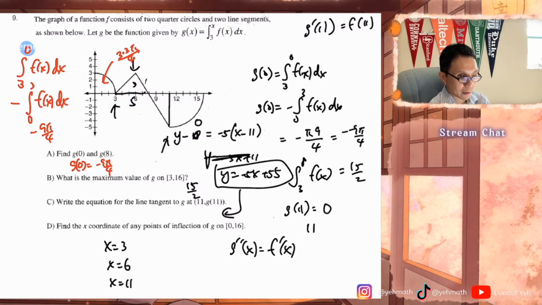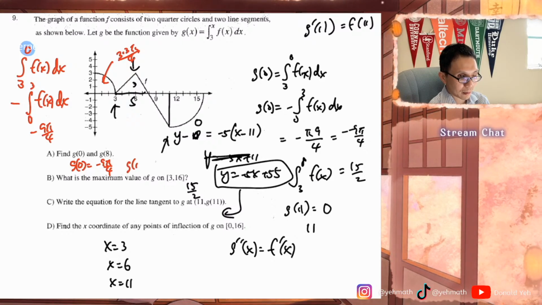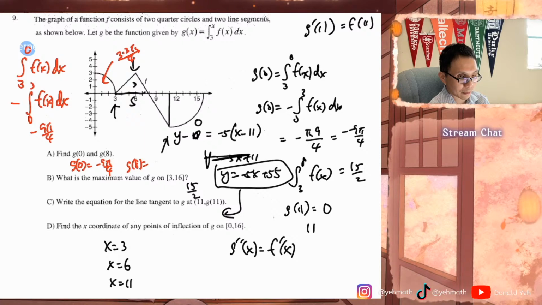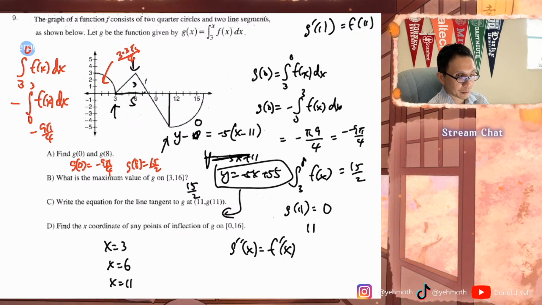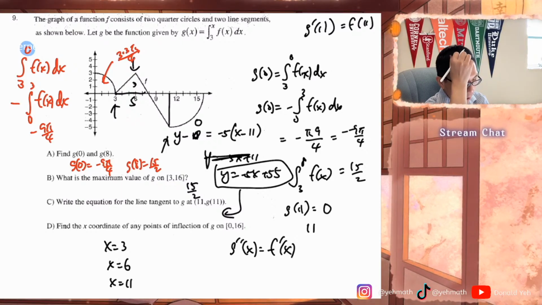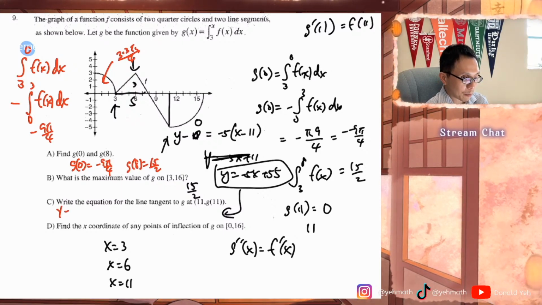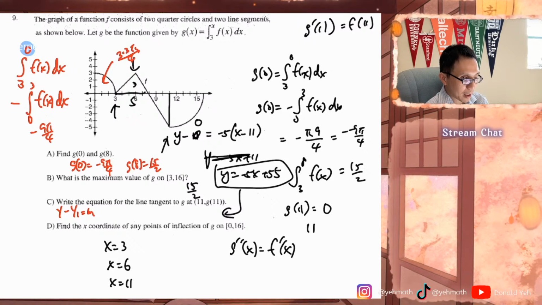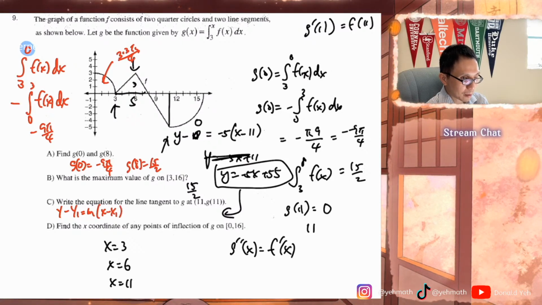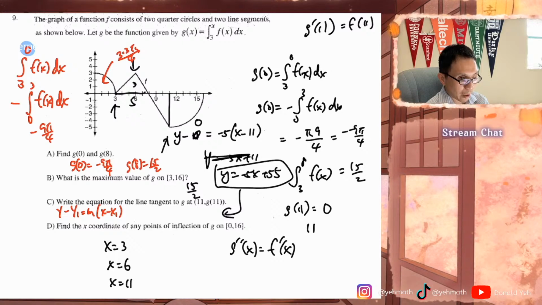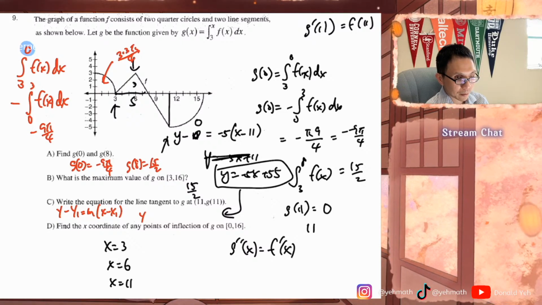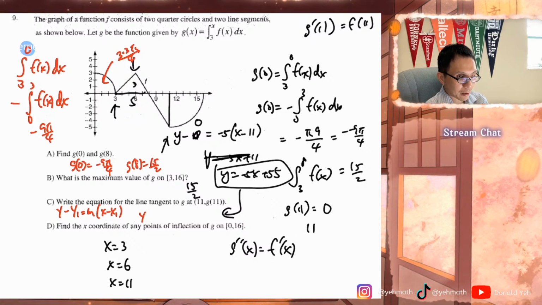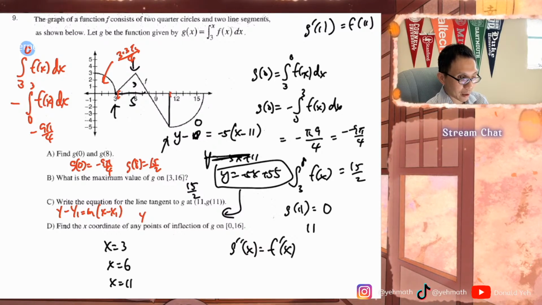And g of 8 is equal to, I think, 15 over 2. And b is still 15 over 2. Equation of the tangent line is basically composed of this: y minus y1 equals m times x minus x1. And then you're going to say y minus g of 11. g of 11 you're going to find out is 0, because this area and this area kind of cancel out.